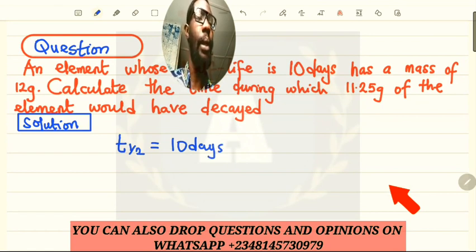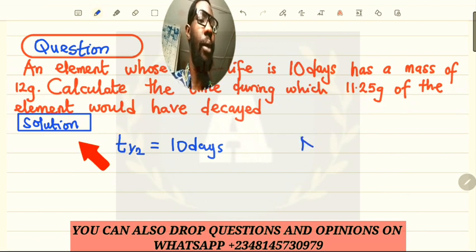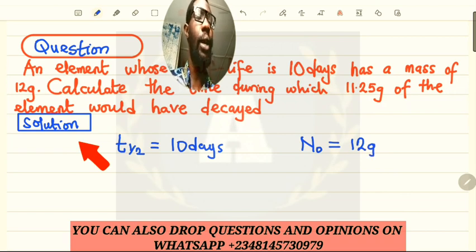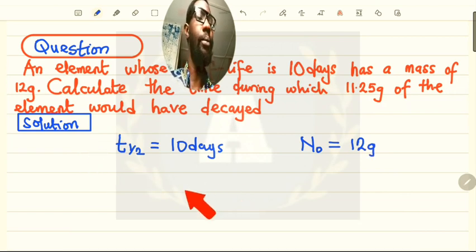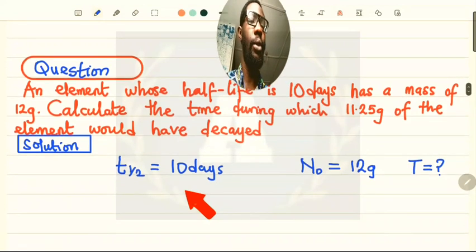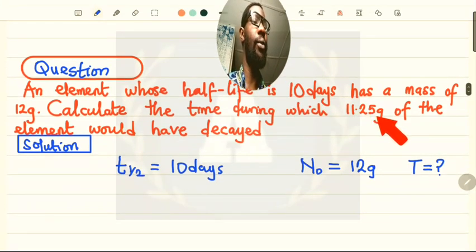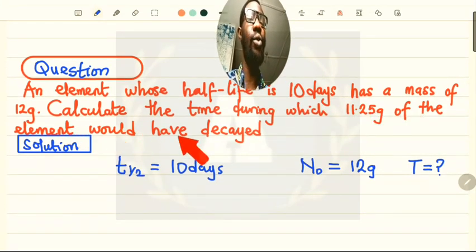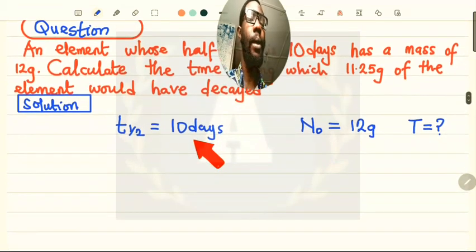It has a mass of 12 gram, so the initial mass of the element is 12 gram. We are asked to calculate the time. Time is what we're looking for here, the time during which 11.25 gram of the element would have decayed. So how do we unravel that?